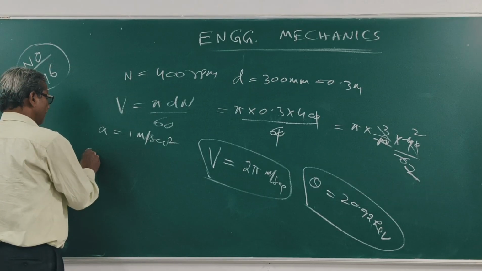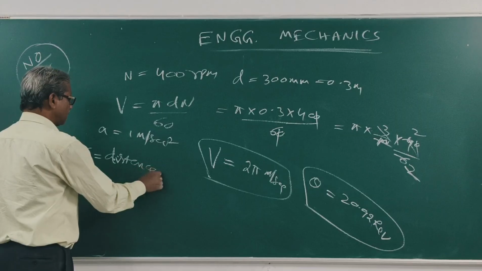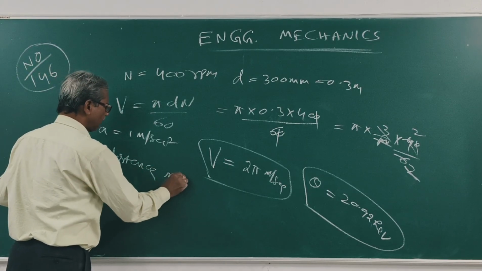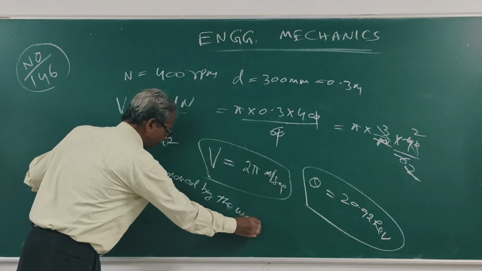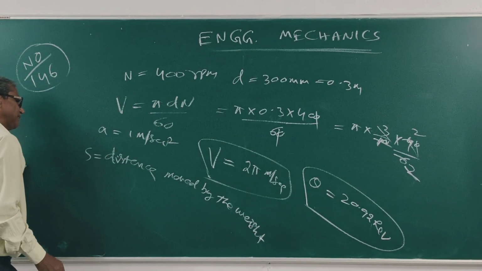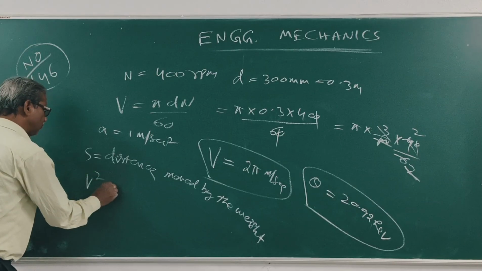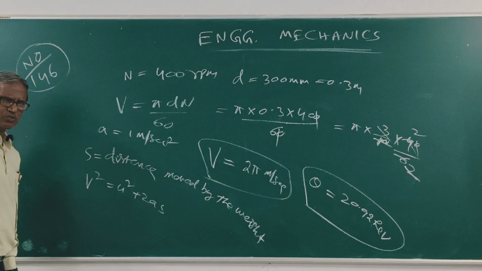What is s equal to? v square is equal to u square plus 2as.